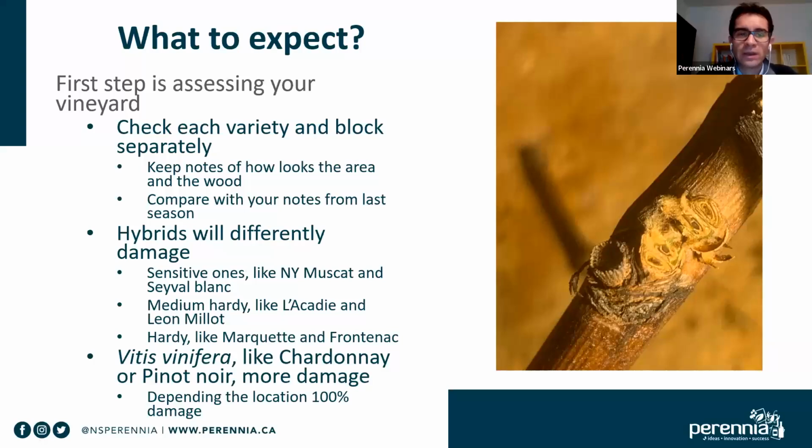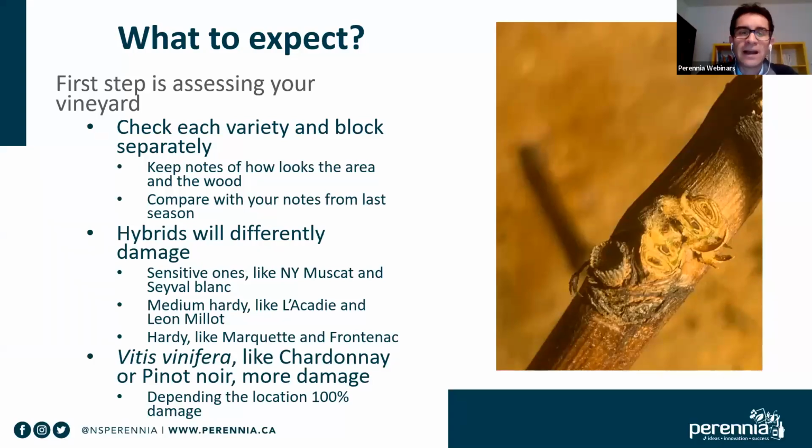We already mentioned that there are sensitive ones like New York Muscat and Seyval Blanc, and those may have almost nothing or no crop at all. Then we have the medium hardy ones like La Crescent or Leon Millot, which can have a tiny amount of crop.